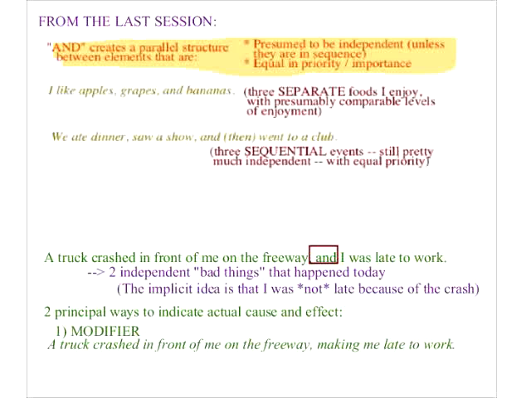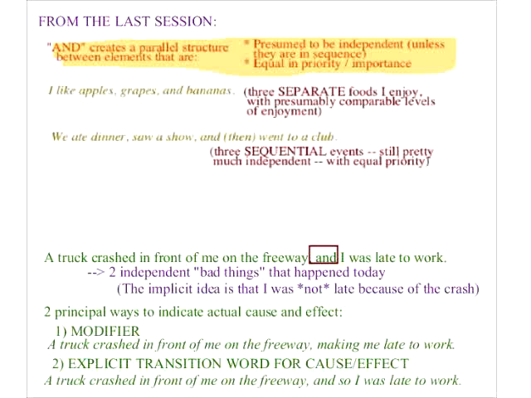And then number two, you can also just use an explicit transition word for cause and effect, like thus or therefore or something, or so. So a truck crashed in front of me on the freeway, and so I was late to work.